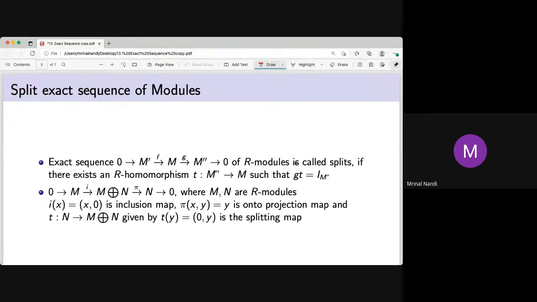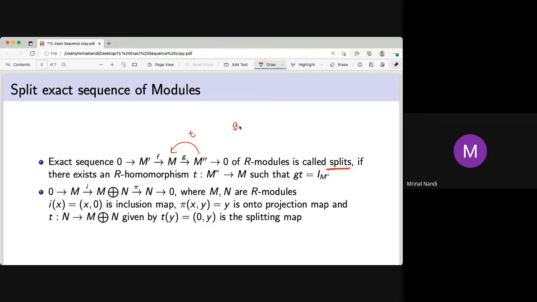And this is an exact sequence of R modules, and it is called split if there is an R homomorphism from M'' to M. It is not an inverse, it's like a right inverse actually. g composed with t is the identity on M'' to M''.